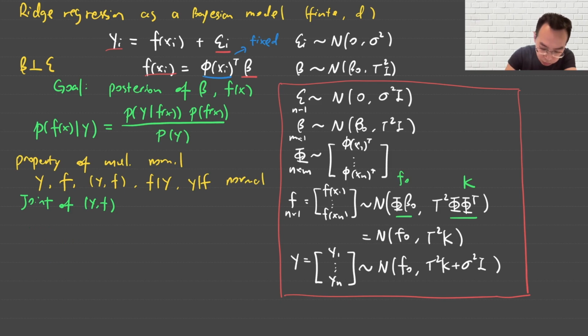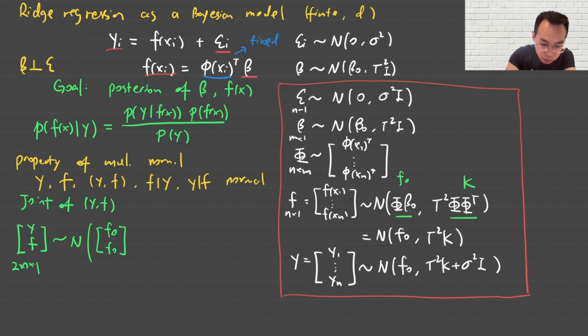We'll have the vector y and f, concatenated together. That will be a 2n times 1 vector. It will be normally distributed. So the mean of this will just be f0 and then f0, right?